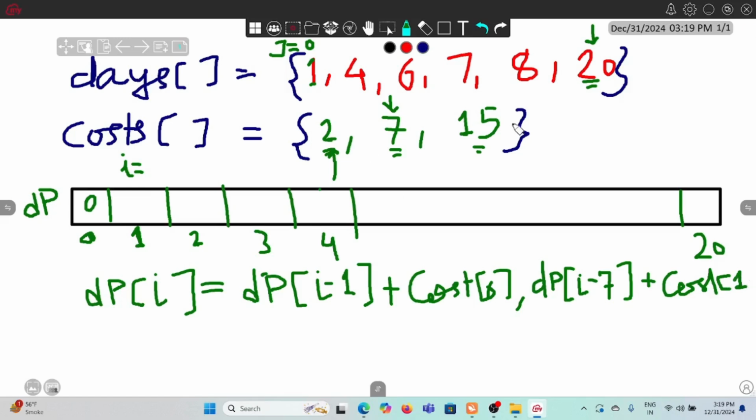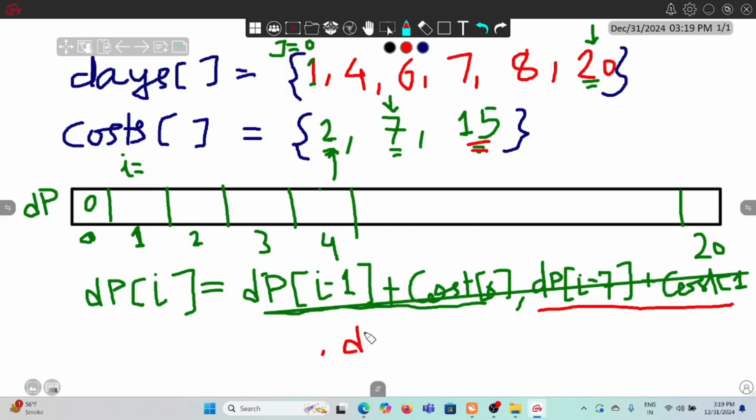One more possibility: on day 1 itself we can purchase even the 30 days pass. So one is this possibility, and this one is for the weekly pass, and we have one more possibility of 15 days. So it would be comma dp of I minus 30, right? Because till I minus 30 we would have already calculated.